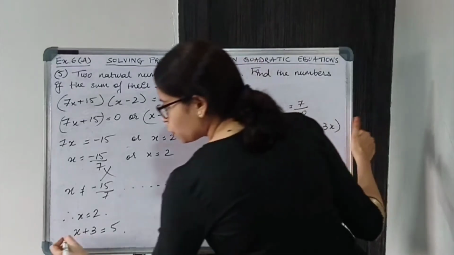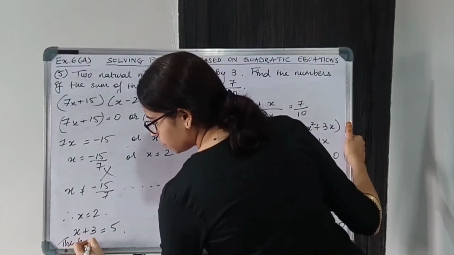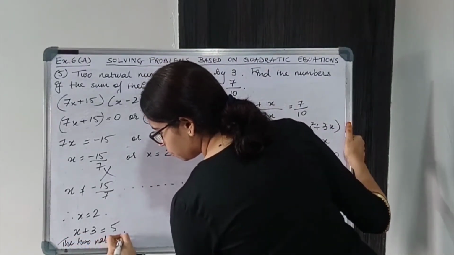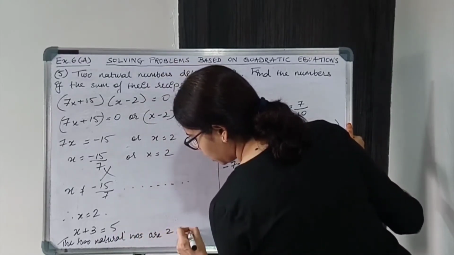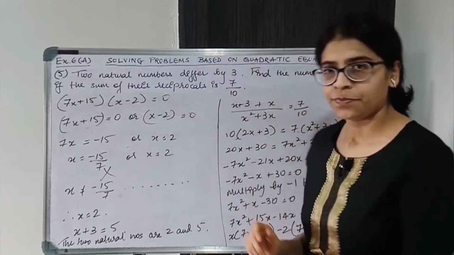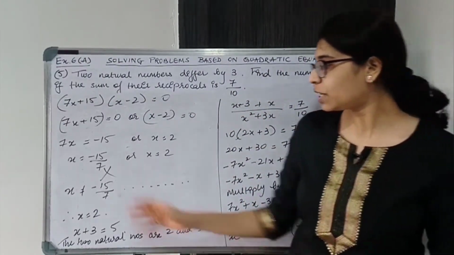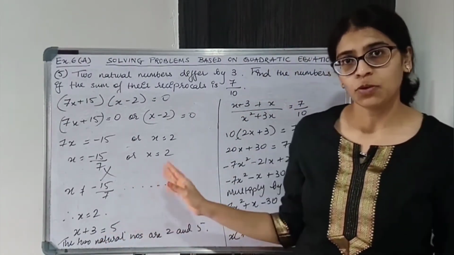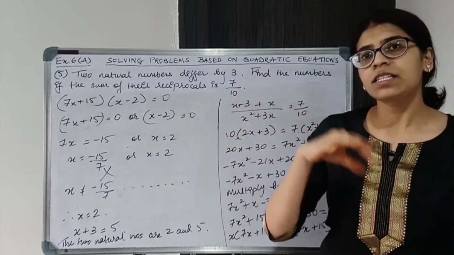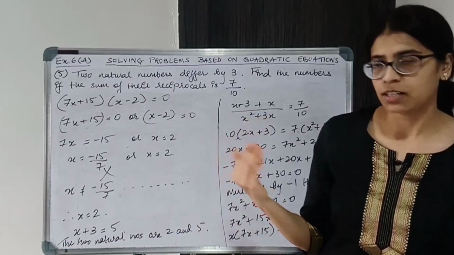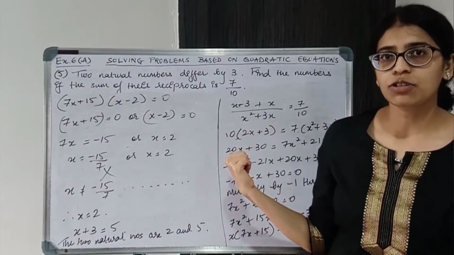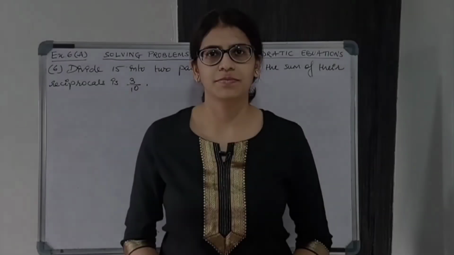The two natural numbers are 2 and 5. Okay, so if you are taking x and x minus 3, okay, you would get accordingly. So x 5 मिलता and x minus 3 you would get as 2. Alright, so you can try that also, you will still get the correct answer.